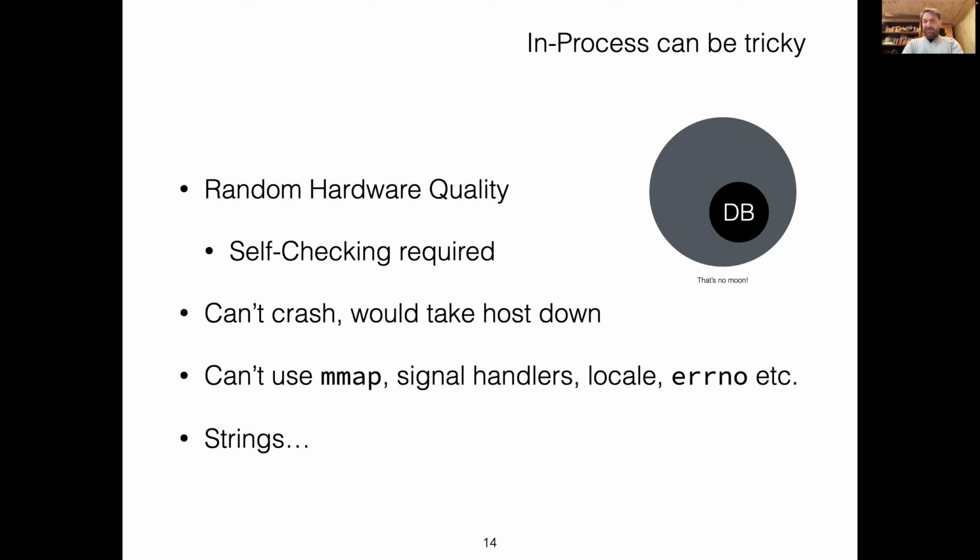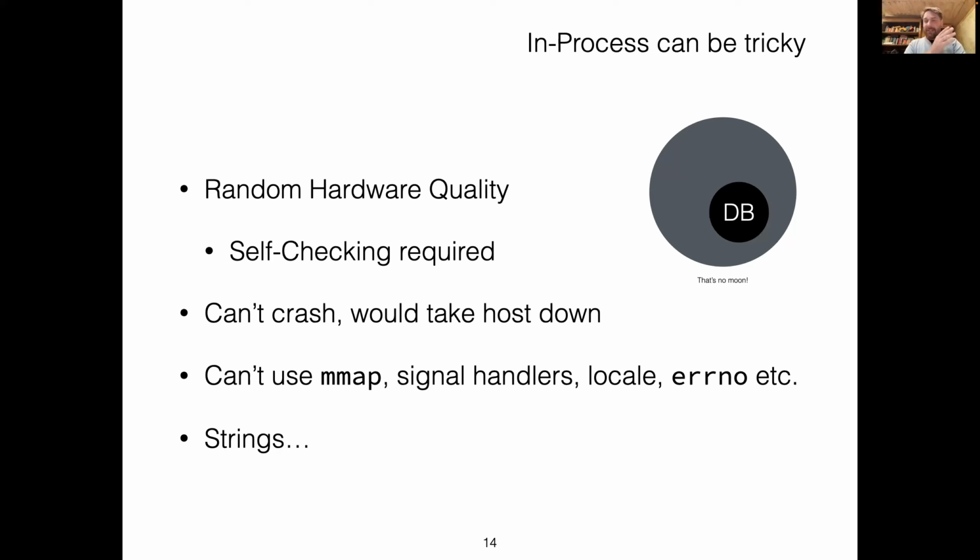Crashing is bad because, if you have a daemon like Postgres and it crashes, it's not really a big deal because very often the daemon will just restart and nothing really happened. If you're an in-process database management system and you crash, you take whatever process is hosting you down with you. It's not ideal. People are going to shout at you.